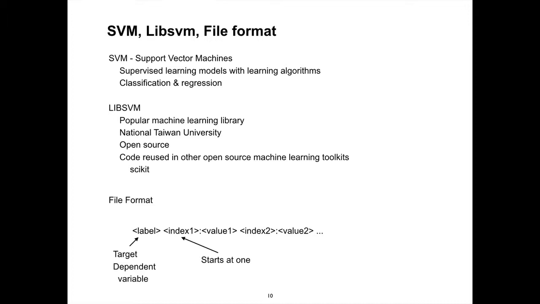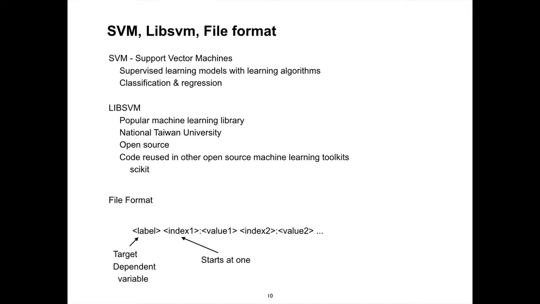So there is a format that is apparently commonly used for files. It's called SVM, and it comes from LIBSVM, which is apparently a popular machine learning library developed in Taiwan, and it's open source, and so a lot of the code's reused.